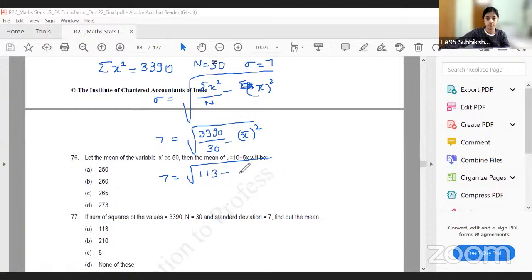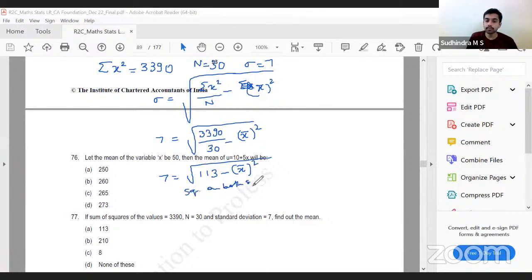Now we cannot further solve it unless we square on both sides. So squaring on both sides, 7 square is 49 is equal to 113 minus x bar the whole square. Sending this to the other side, we get x bar the whole square is equal to 113 minus 49. X bar the whole square is 64. Therefore, x bar is 8.